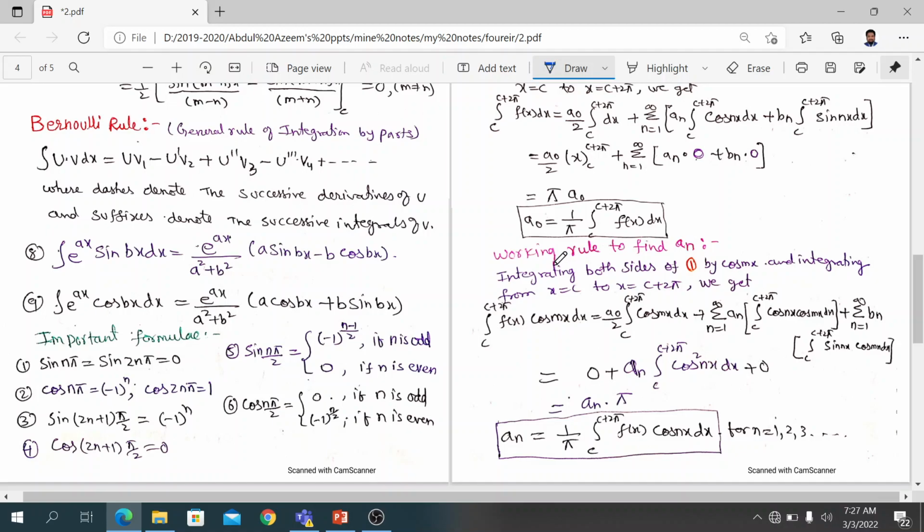What we have to do, again, is integrate both sides of equation 1 after multiplying by cos mx, integrating from x equal to c to x equal to c plus 2 pi.